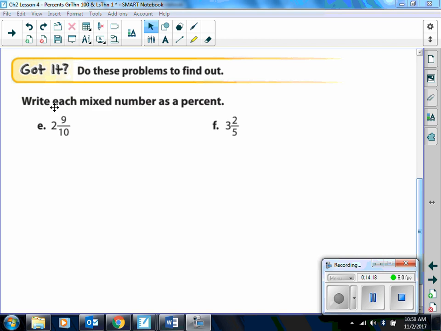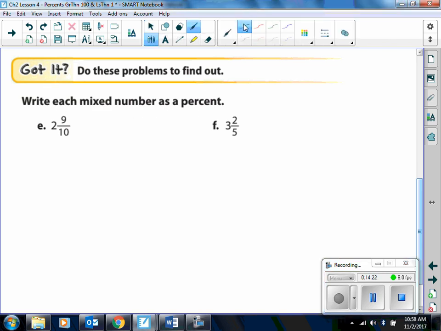So for the got it, it says write each mixed number as a percent. So once again, the first thing we're going to do is we're going to write the 2 9/10 as an improper fraction. So 10 times 2 is 20, plus 9 is 29. And the denominator stays the same. So now we want to change that to per 100, right?